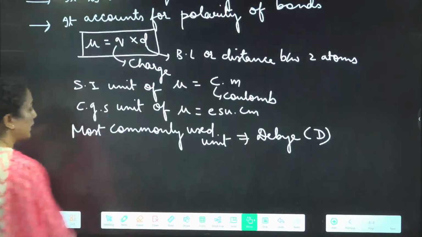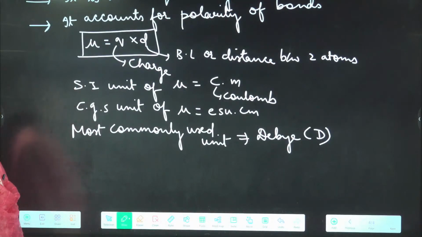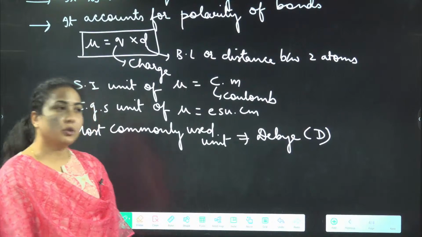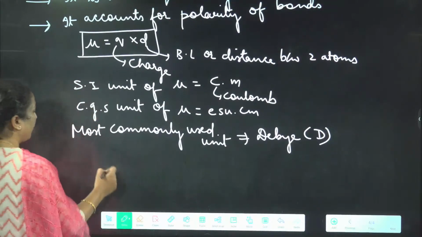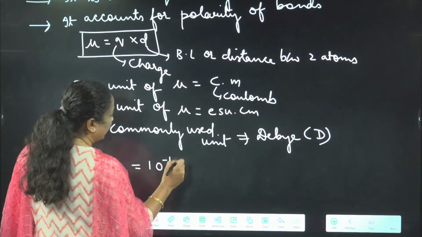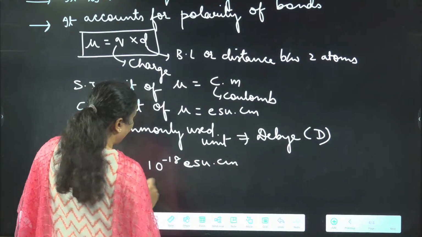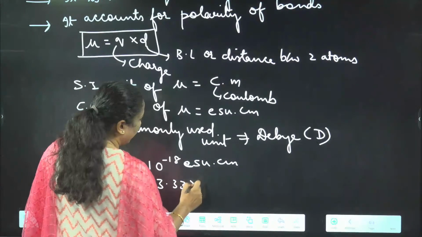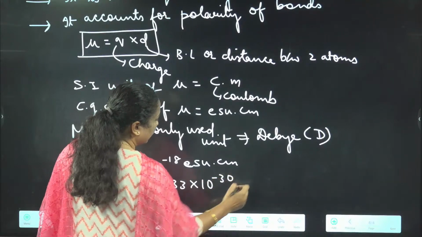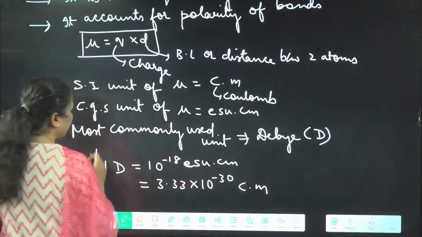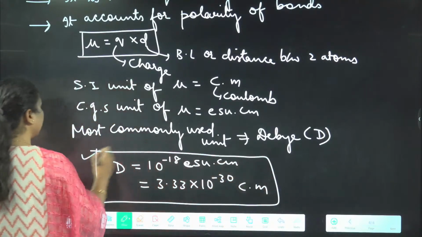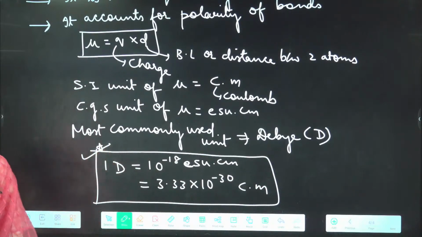Normally we have a misconception that Debye is itself the SI unit, no? Right? Now, 1 Debye is 10 raised to power of minus 18 ESU centimeter, or else it is 3.33 into 10 raised to power of minus 30 coulomb meter. So simply we need to remember this relation. It could be asked. Please write this and then we'll proceed further.